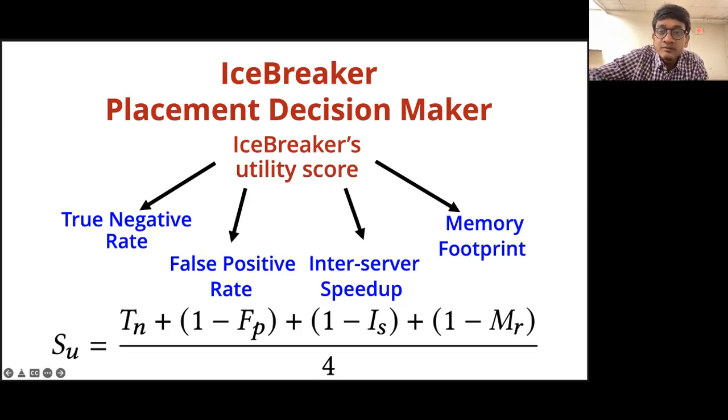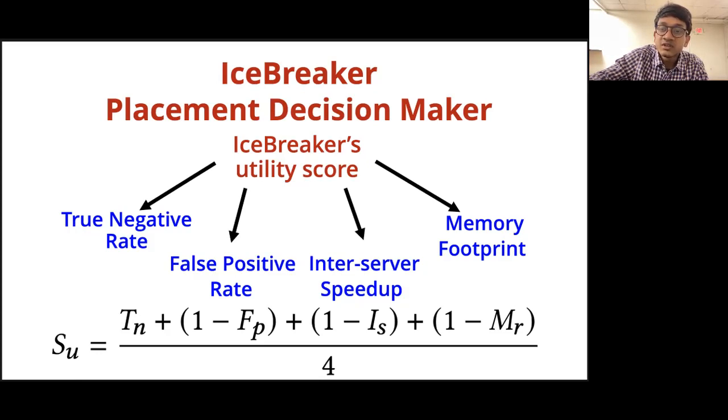Now, apart from the function invocation predictor performance, the placement decision maker also takes into account the characteristics of the application or the serverless function itself. If a function sees higher speedup on a high-end execution, such a function is given higher priority for a high-end execution and its score increases. Similarly, if the memory consumption of a function is more, then it involves more keep-alive cost.